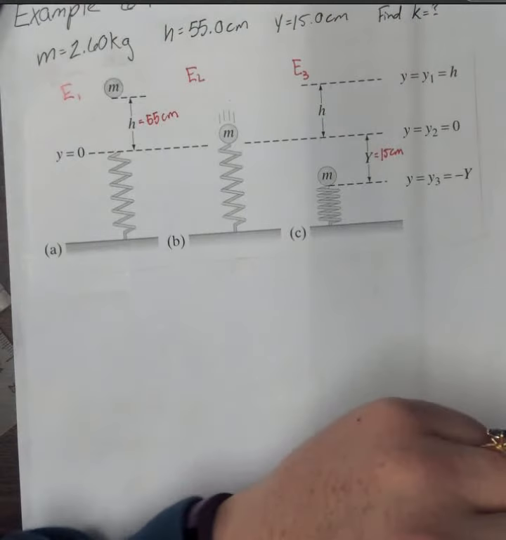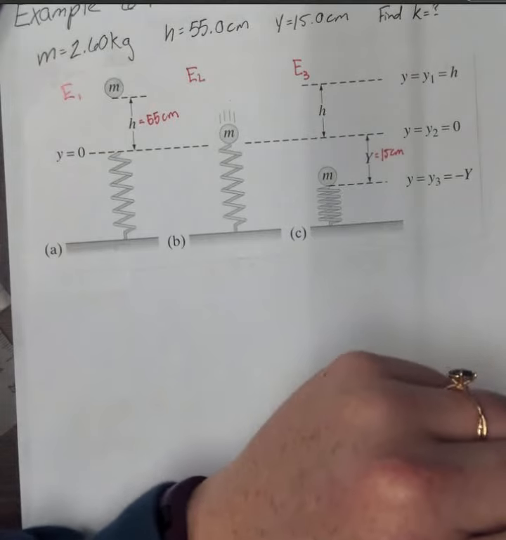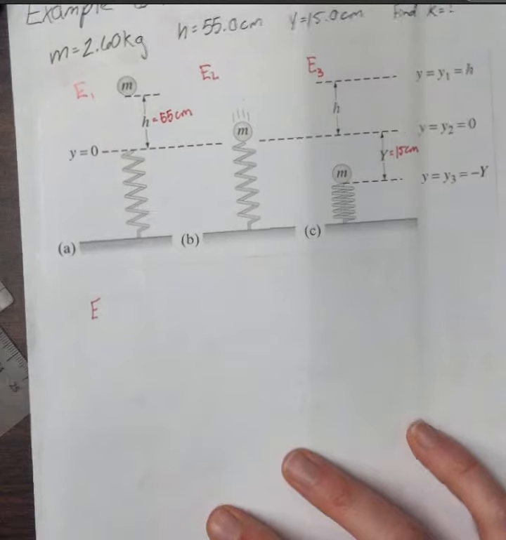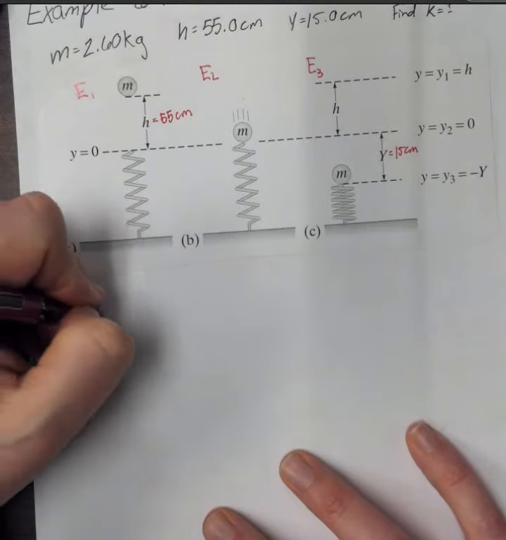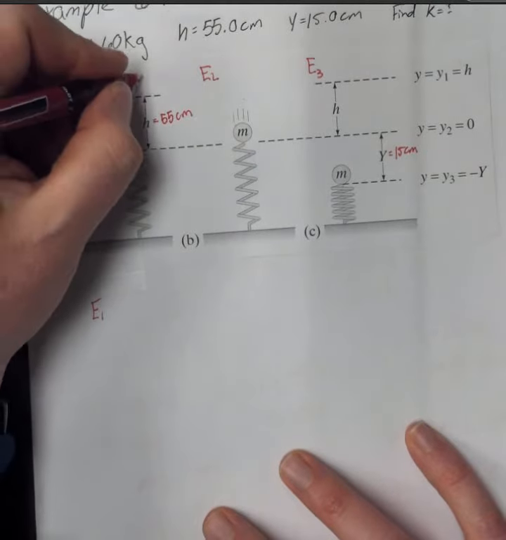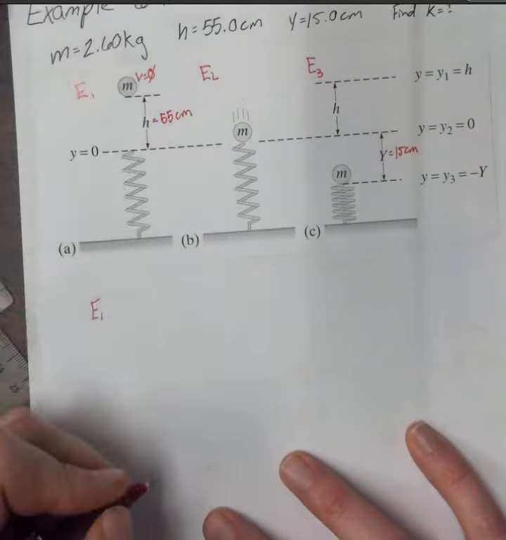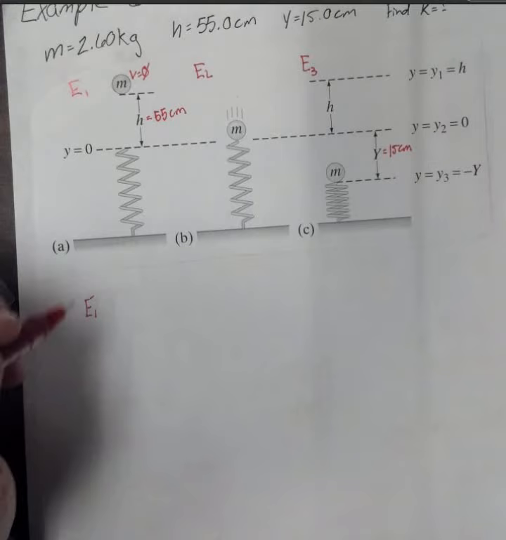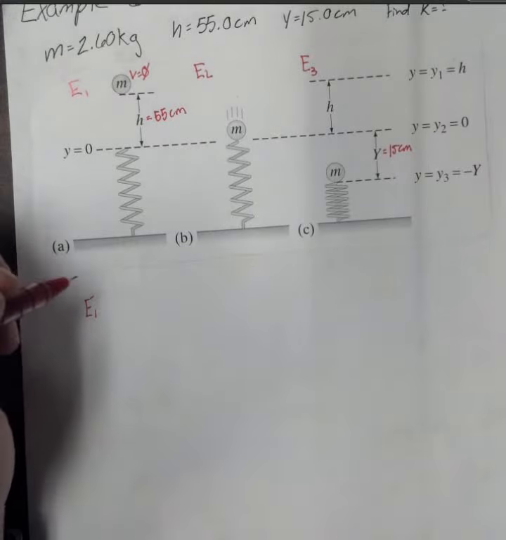Now let's figure out what the mechanical energy is comprised of in each of these situations. At point 1, the ball is dropped from rest. So the velocity here equals 0, and the height equals 55 centimeters. And the spring is in a relaxed position, so the x of the spring is equal to 0.